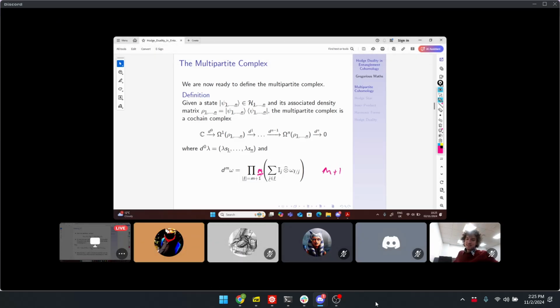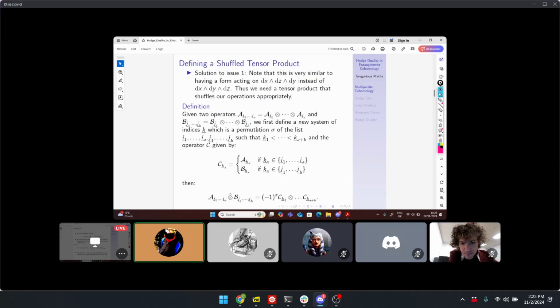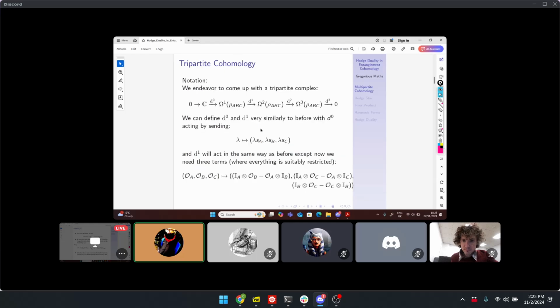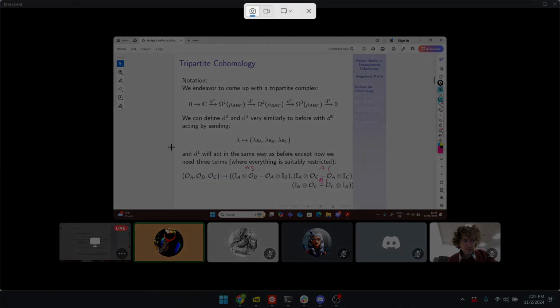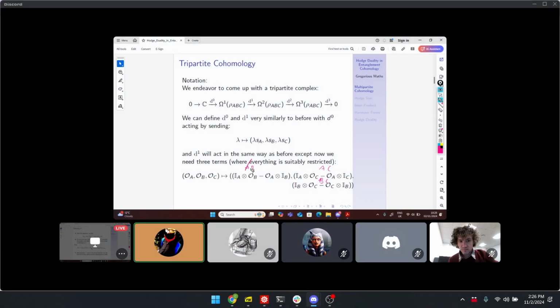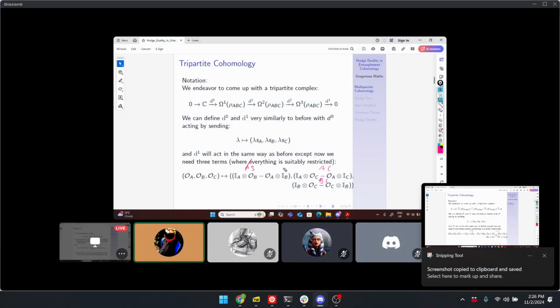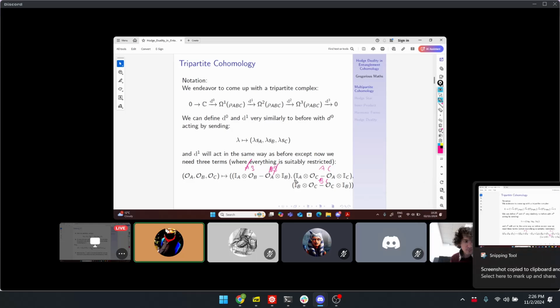So for example, how this worked for D1: if we go back up to D1, it takes us to all of the different possible tuples. First we have AB, then we have AC, and then we have BC. Now with AB, the first thing we can do is take away the A and replace that by the identity. The second thing we can do is take away the B and replace that with the identity.